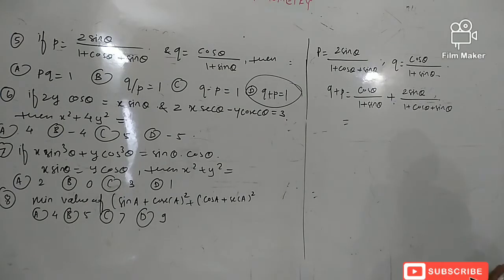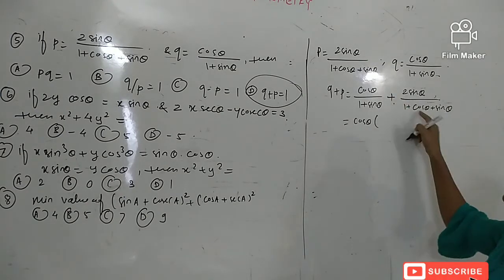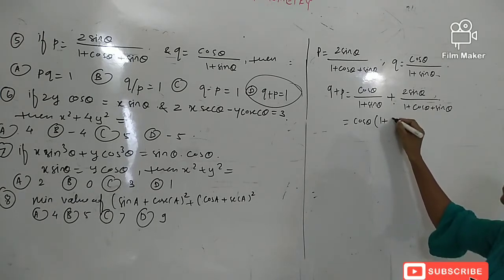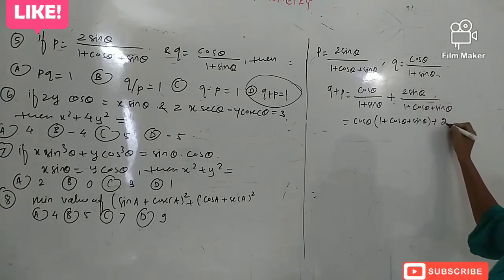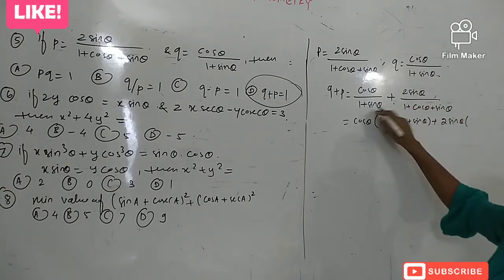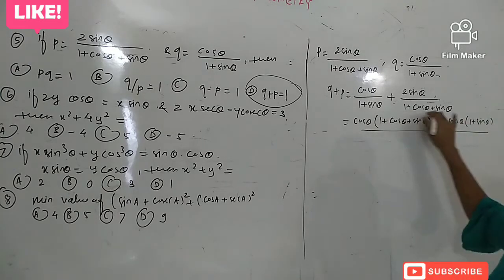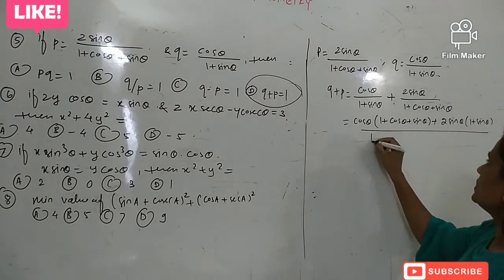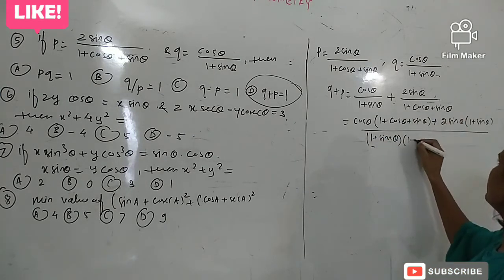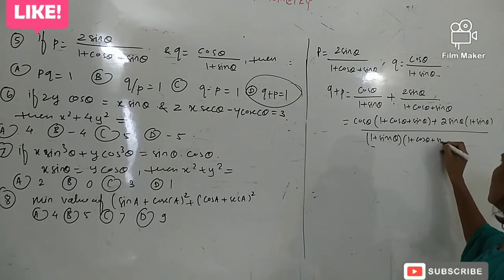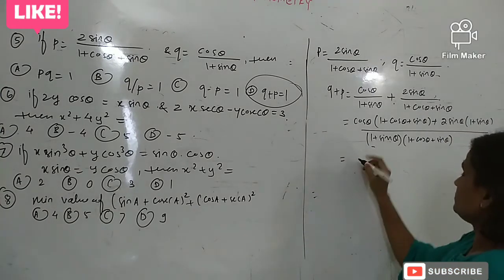So this cos theta will get multiplied with this whole term, and this whole term is 1 plus cos theta plus sin theta plus 2 sin theta, in the bracket 1 plus sin theta. And the denominators will also multiply with each other, so it is 1 plus sin theta into the second bracket 1 plus cos theta plus sin theta.